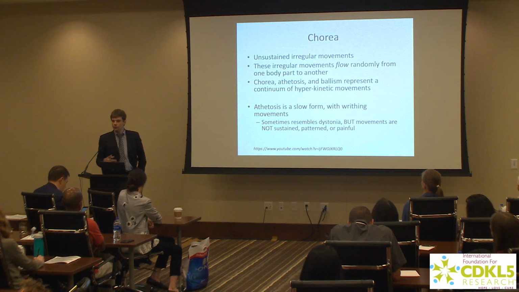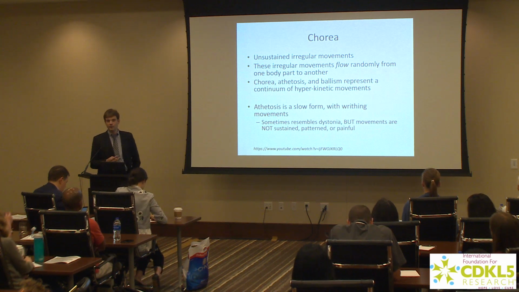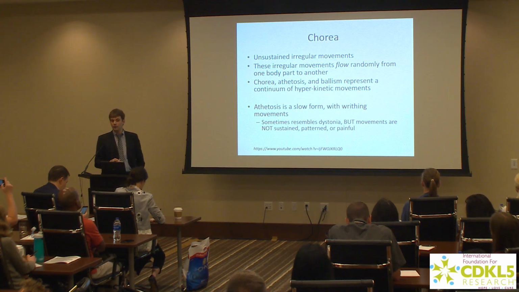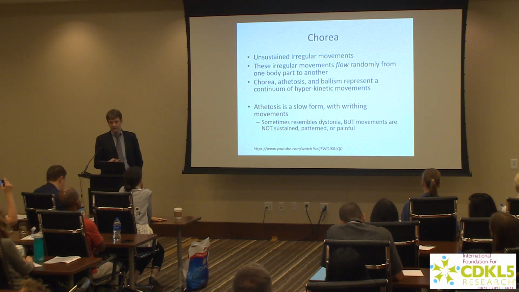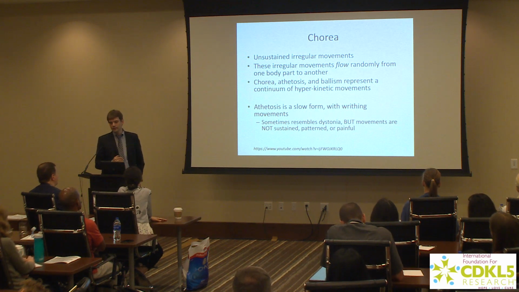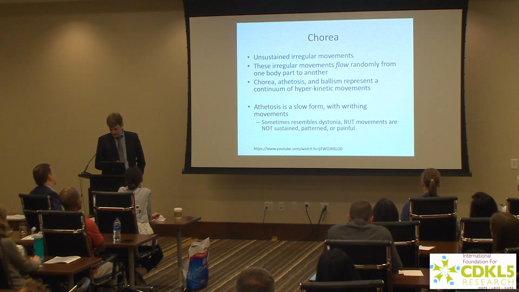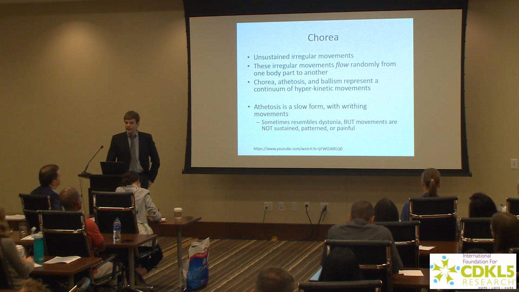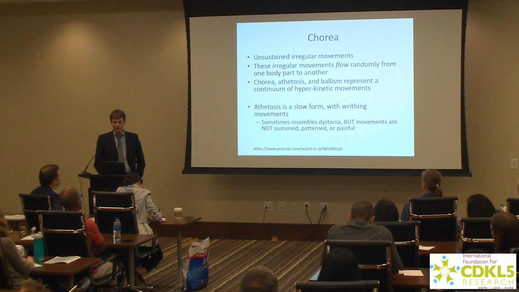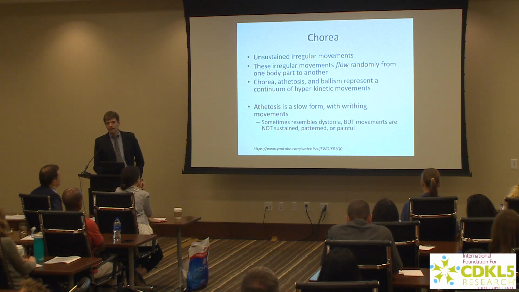What about two more movement disorders that we do not yet know whether they occur? Well, probably they occur, but to what frequency they occur in CDKL5 syndrome. One entity that is common in the FOXG1 disorder is chorea. And chorea really describes irregular, unsustained movements.